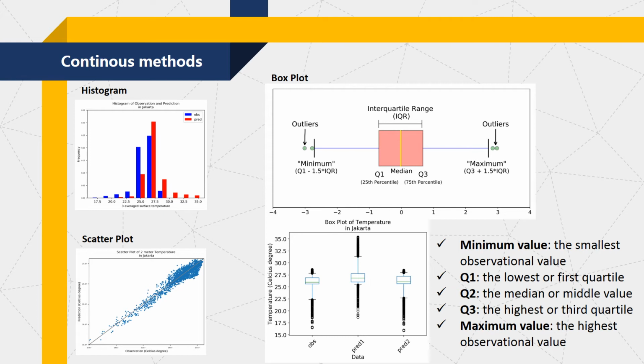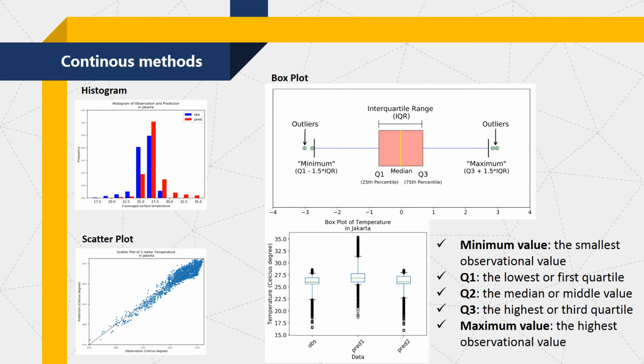And the next is box plot. Box plot has similar characteristics to the histogram. It also draws forecast and observational data distribution. There are 5 statistical measurements that we can obtain from the box plot: the minimum value, Q1, Q2 or median, Q3, and then the maximum value.